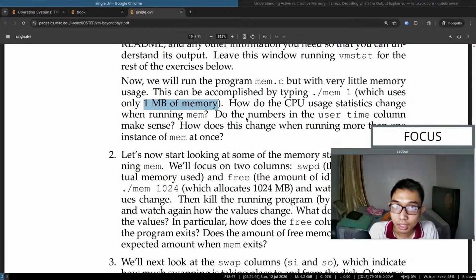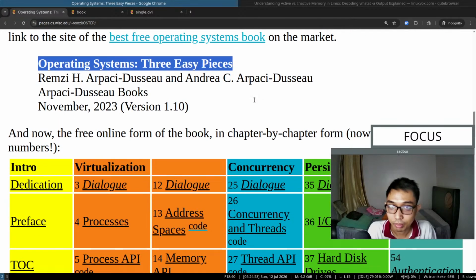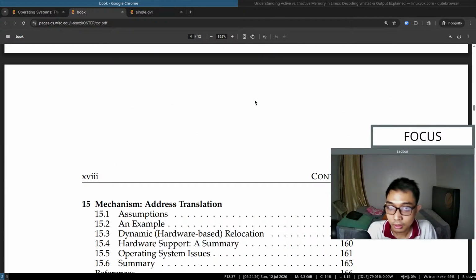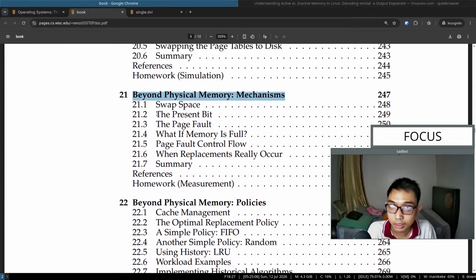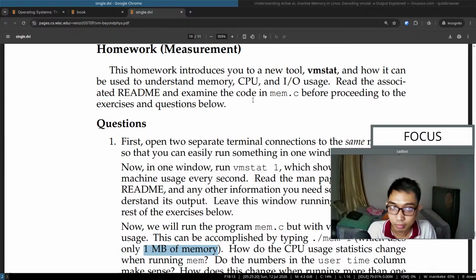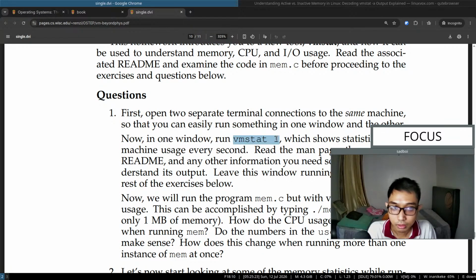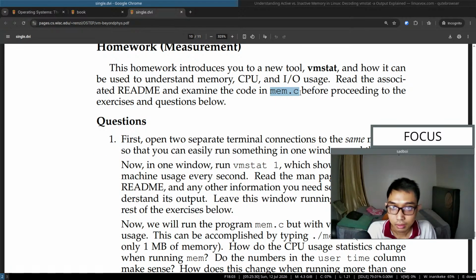Welcome. I'm currently trying to learn operating systems by reading this book, Operating Systems: Three Easy Pieces, and currently on chapter 21 here, trying to understand the swap mechanism, the swap space, by looking at the measurements here, basically using vmstat to check the virtual memory statistics while running this simulation.